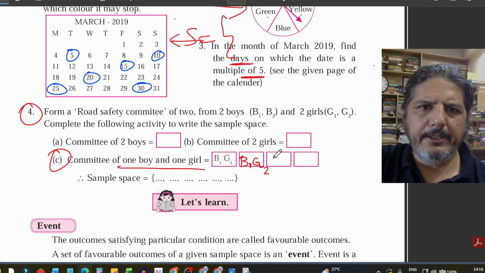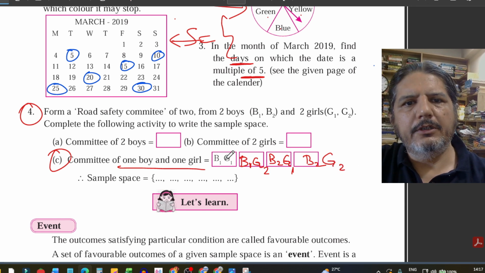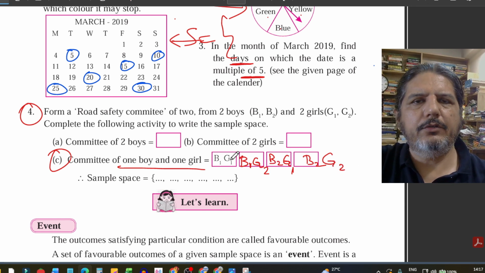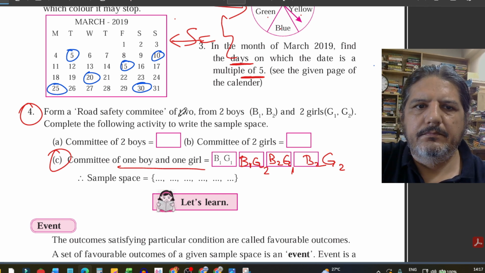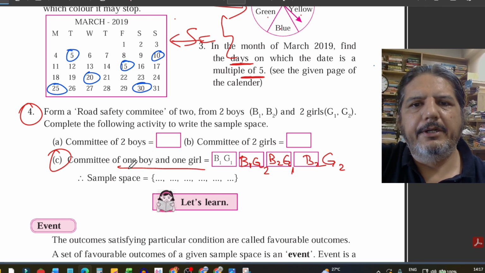You can form a committee with B2, G1 and B2, G2. So these are the 4 committees which can be formed using committee of one boy and one girl. Committee of one boy and one girl would be B1, G1, B1, G2, B2, G1 and B2, G2.